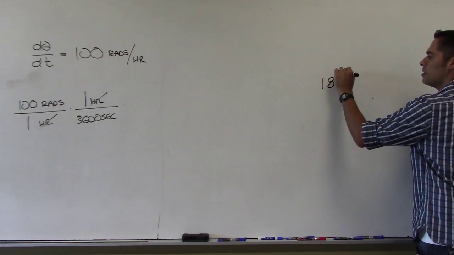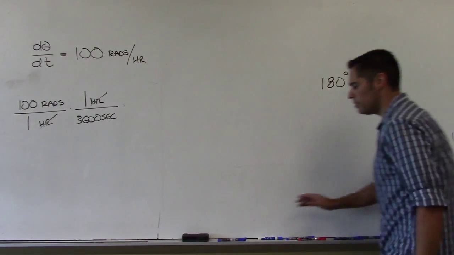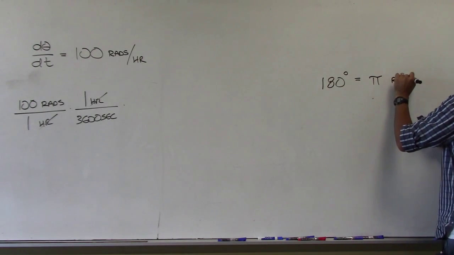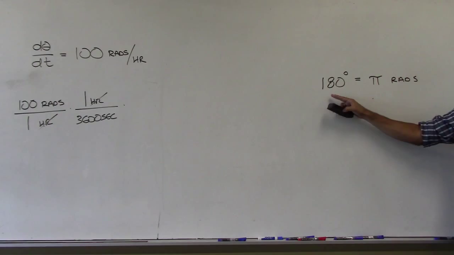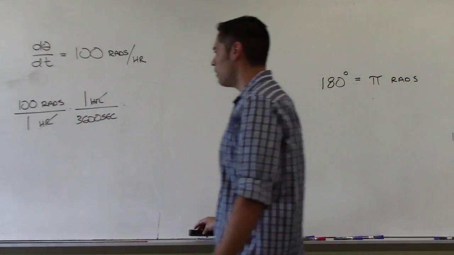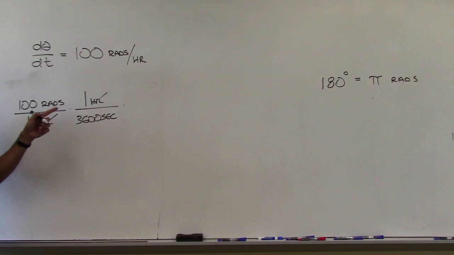180 degrees is pi over 2, or sorry, pi radians. Pi is 180 degrees. So anytime we want to go from radians to degrees, we multiply by.